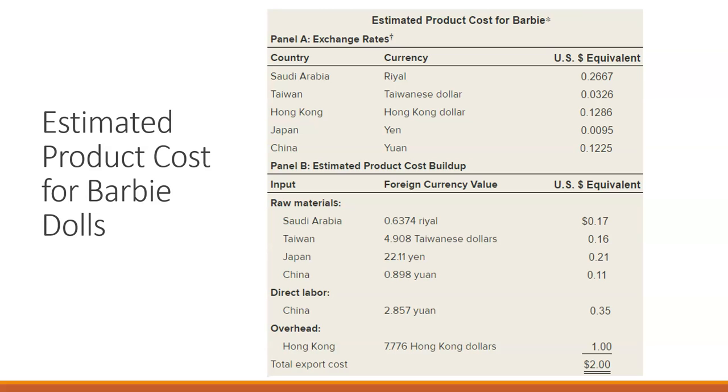And so as we make transactions between these foreign currencies and the US equivalent, we get a total export cost here of $2. But as these fluctuations to the US equivalent to dollars can change on an almost daily basis, the product costs of our items that are being globally sourced can also change on a daily basis.